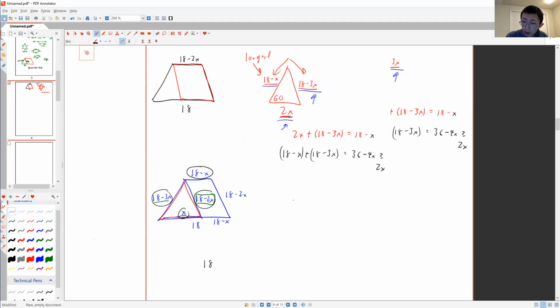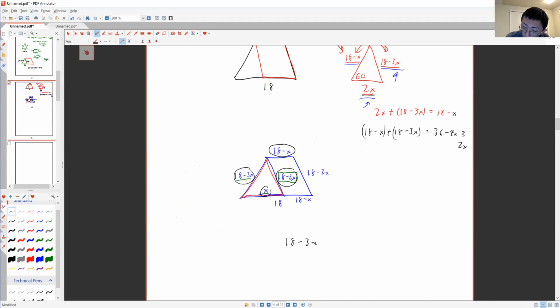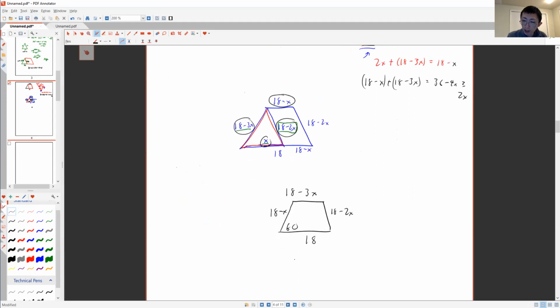Okay, here we go. The only possible value for the side opposite the 18 length would just be this. And then we'll have 18 minus 2x and 18 minus x on one side or the other. So we should check both these cases. By the other case, I mean the 60 degrees is adjacent to 18 minus 2x, but 18 minus 3x is opposite the longest side.